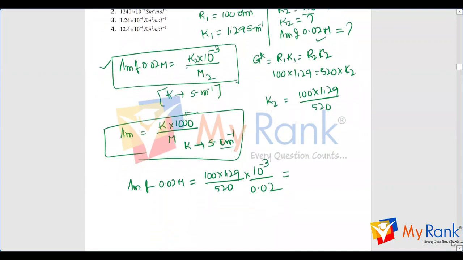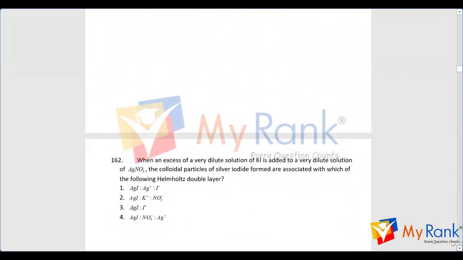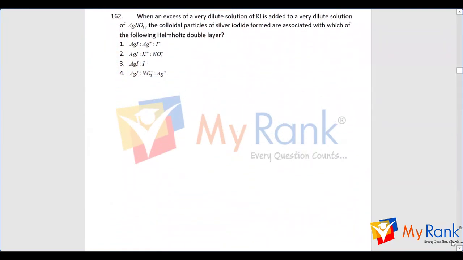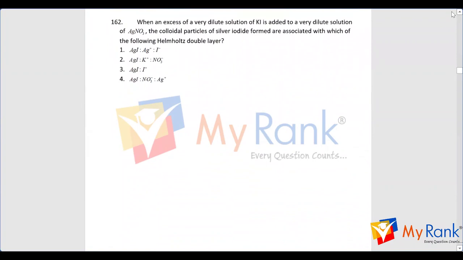The next one is question number 162. When an excess of very dilute solution of KI, that is KI aqueous plus AgNO3 aqueous, combine, we get AgI precipitate plus KNO3 aqueous.